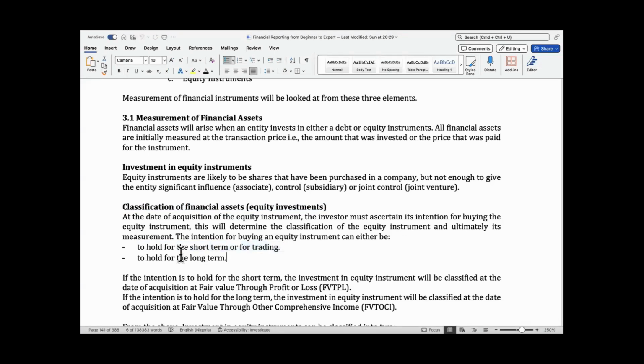It says that it's either they have bought it to hold it for short term or for trading, or they have bought it to hold it for long term.